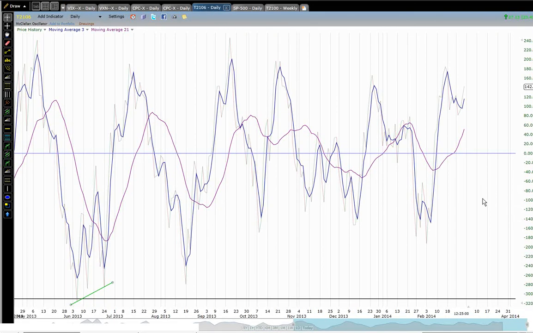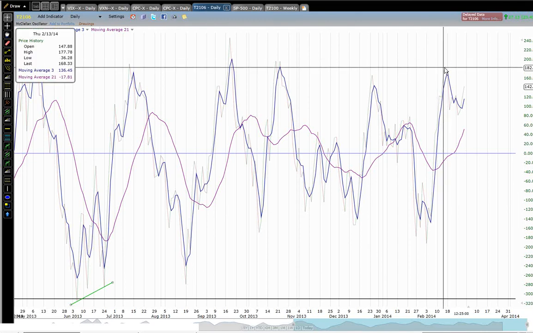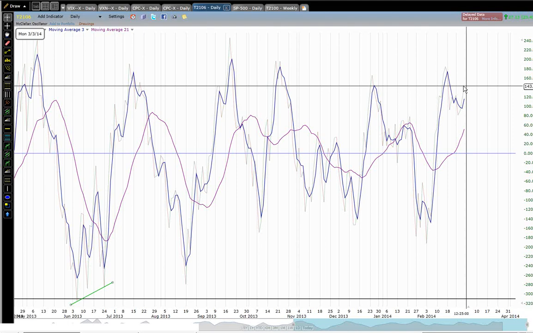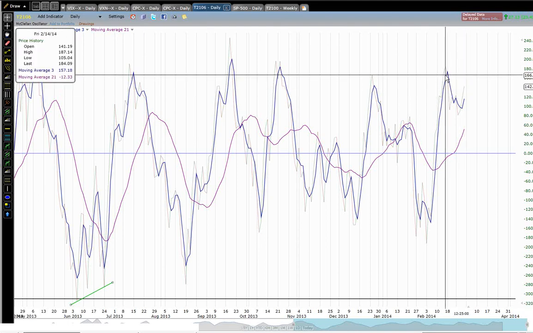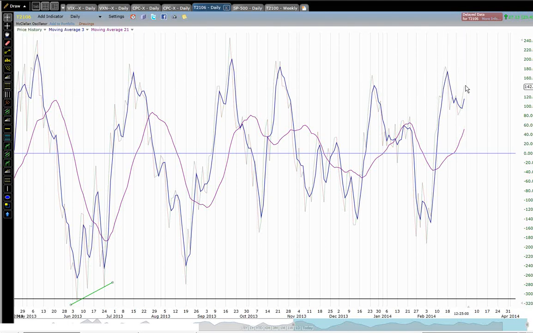Just briefly show here the McClellan oscillator. It peaked back here on February 14th, and it's at a lower high relative to a couple weeks ago, so another divergence in breadth.